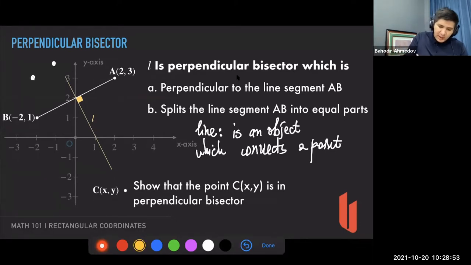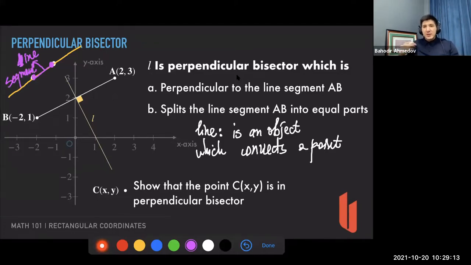I connect these 2 points, and I can go on to infinity in both directions. That's the line. And the line segment is the part of the line between the 2 points. This is the line segment. It's important. We're going to learn how to define lines and line segments using equations and so on.